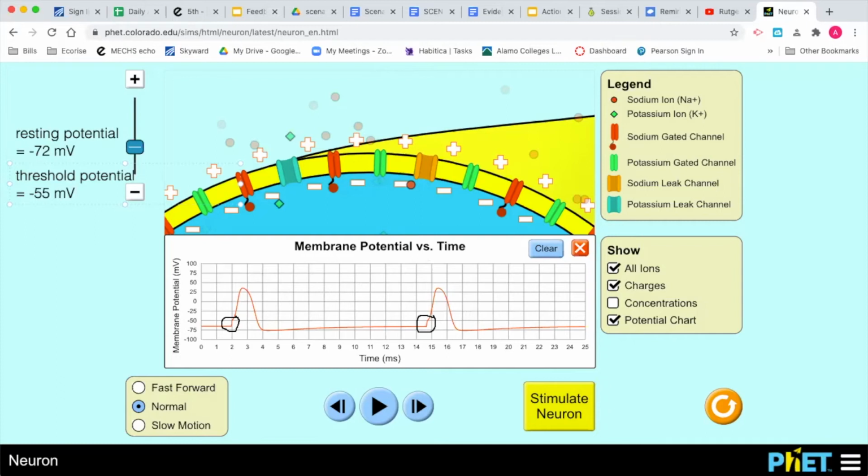So with action potentials, it's all or nothing. If you hit negative 55, you go through this entire process. It doesn't matter what the stimulus is. So neurologically speaking, as far as your nerves are concerned, if somebody sticks you with a pin or they lightly touch the hair on your arm, your nerves are going to go through this process in the exact same way.